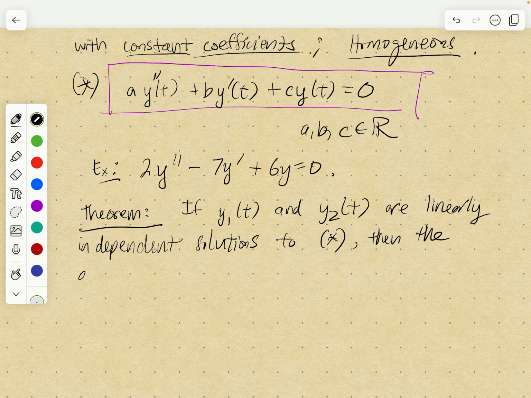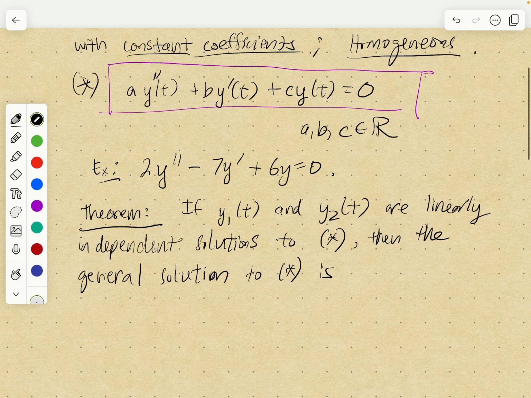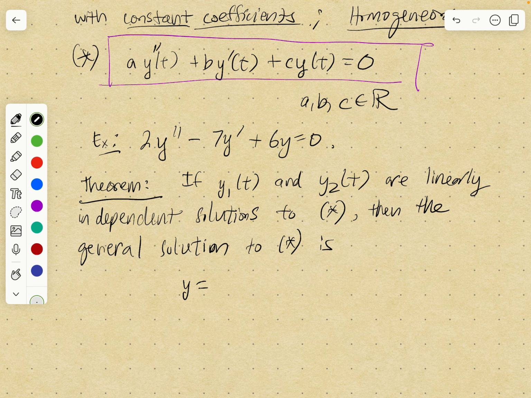The general solution to the differential equation is y equals c1 y1 plus c2 y2, where c1 and c2 are real numbers. And we're looking for real valued functions.